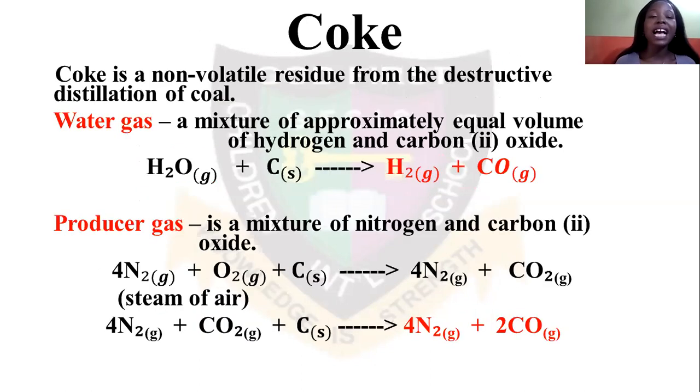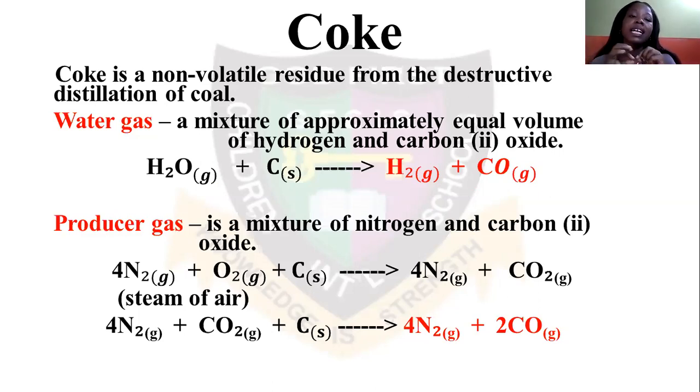Coke is a non-volatile residue, like the solid form from the destructive distillation of coal. Now, water gas: when coke itself is burned in a stream of steam, that is, gaseous water, the steam reacts with carbon and gives you hydrogen gas and carbon 2 oxide.